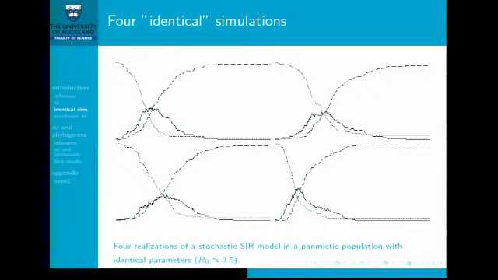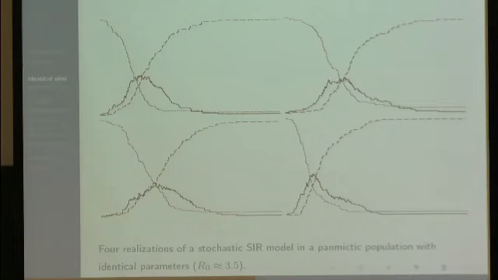So these are simulations we did of an SIR model, and the solid lines are the number of infecteds over time. These are the number of susceptibles over time, and these are the numbers of recovereds. So we start with, say, a population of 1,000 or 100, and we say there's one infected individual at the very beginning, and then we let it take off.